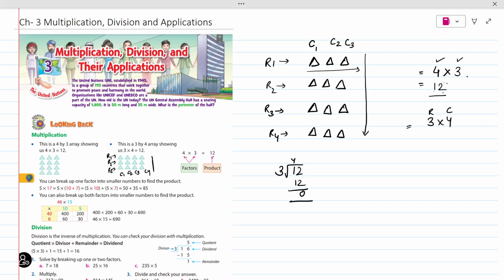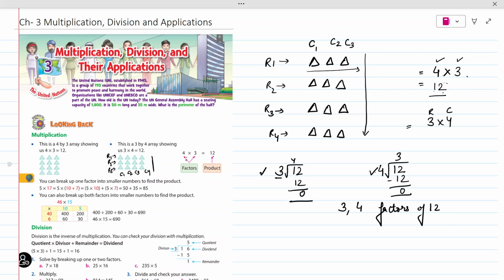That means 3 is dividing 12 completely, so 3 is a factor of 12. Similarly, if I divide 12 by 4, 4 into 3 gives us 12, so 4 is also dividing 12 completely. So 3 and 4 are the factors of 12 as they divide 12 completely.